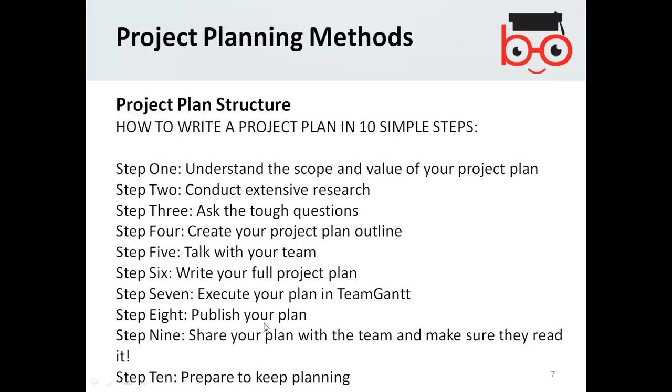Publishing of your plan is basically the commitment and the confirmation of your plan, of how you will be carrying it out. Step 9 could be to share your plan with your team and make sure they read it. And the 10th is to prepare to keep the planning. Keep the planning means being in execution of the plan according to time, according to resources and commitment.